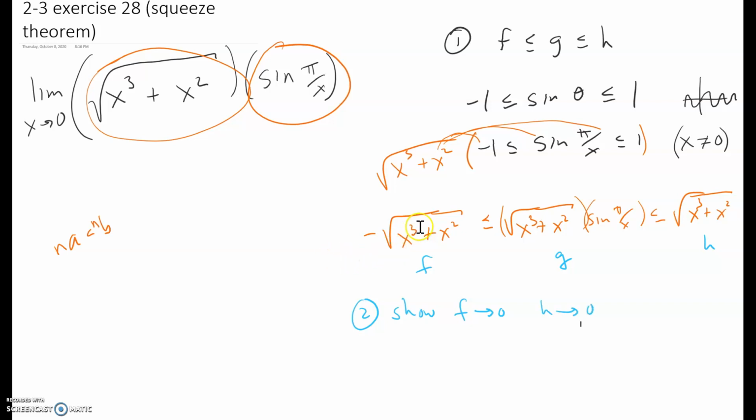That's just direct substitution here, because for the limit as x goes to 0 of negative square root of x cubed plus x squared, as x goes to 0, x cubed goes to 0 and x squared goes to 0, so all this is just going to 0. And same for h. The limit as x goes to 0 of the square root of x cubed plus x squared also goes to 0, again by direct substitution.